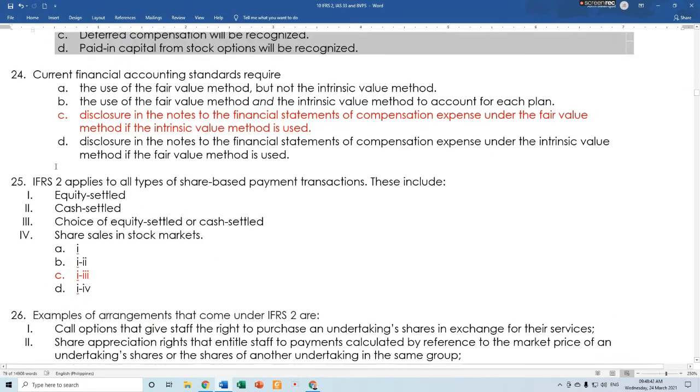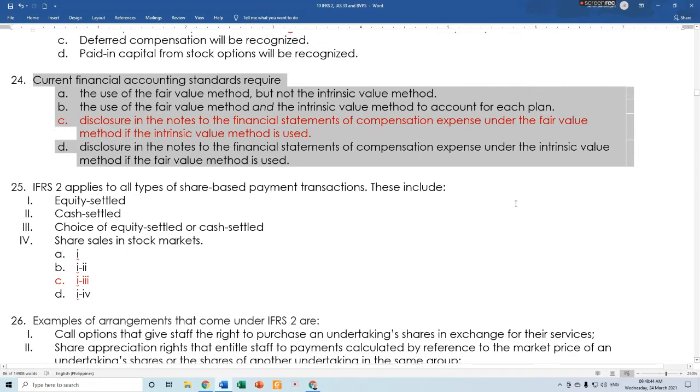Okay? 24. Current financial accounting standards require, letter C, disclosure in the notes of financial statements of compensation expense under the fair value method if the intrinsic value method is used. So generally, parang ang concept dyan is, bakit ka gumamit ng intrinsic value kung kaya mo naman palang mag-measure ng fair value? Diba? So yun siya. Kung ikaw ay gumagamit ng fair value, wala naman ng problema, hindi na natin ipapadisclose bakit hindi ka nag-intrinsic value.